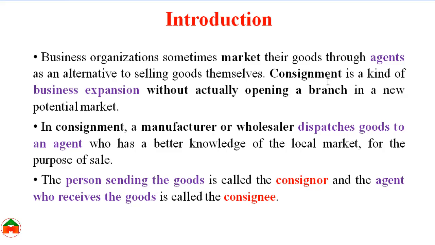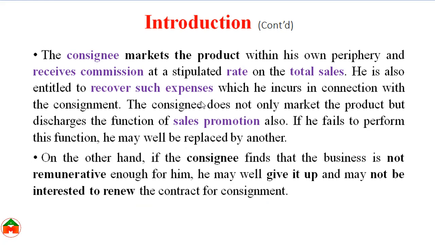In this consignment process, the person or the institute that is sending the goods is called the consignor and the agent is known as the consignee. The agent receives the goods for selling. The consignee markets the product within his own periphery and receives commission at a stipulated rate on the total sales.